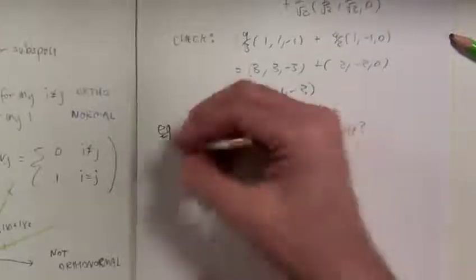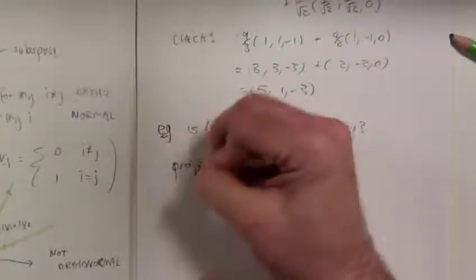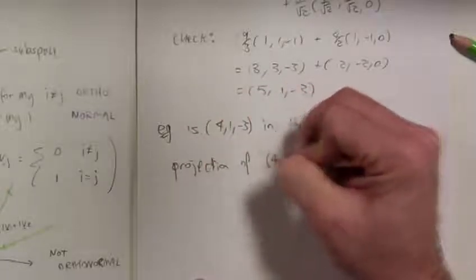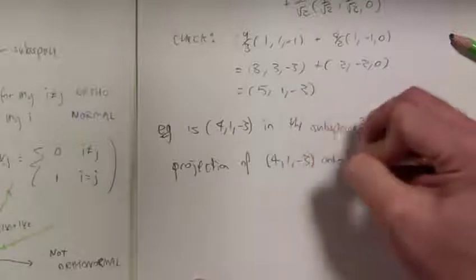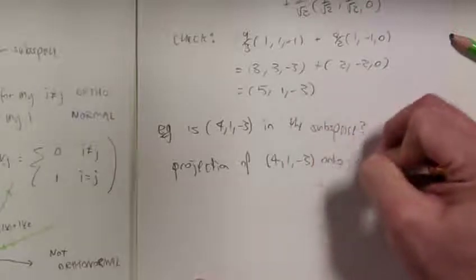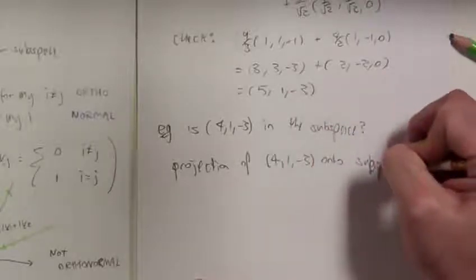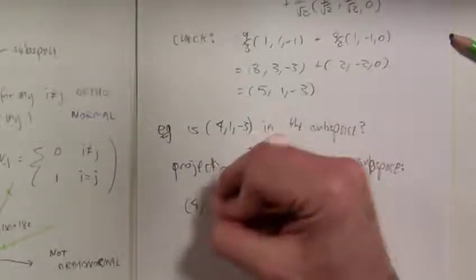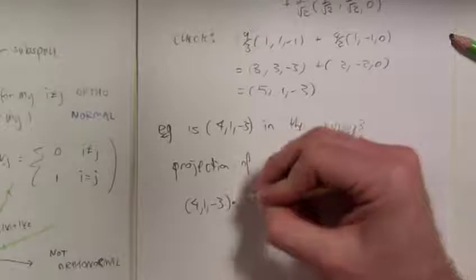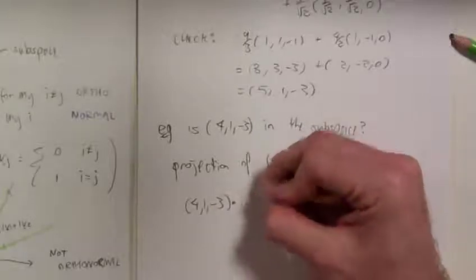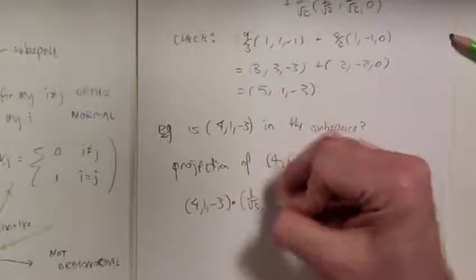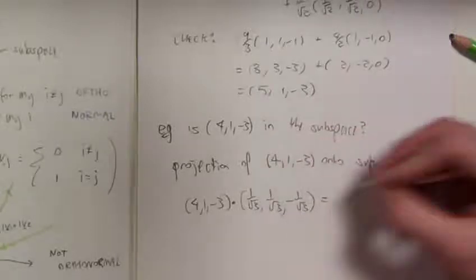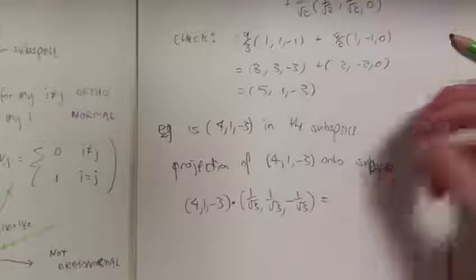But while I'm at it, I'm just going to say this. So I could do the projection of 4, 1 minus 3 onto the subspace. And to do that, I would do my vector dot with each of the other vectors. Which before came out to 8, I believe.